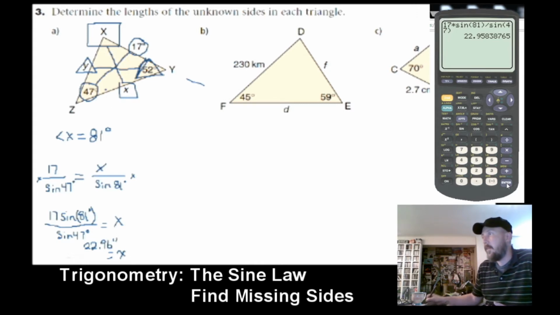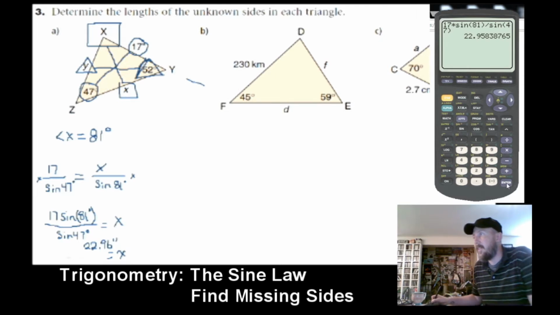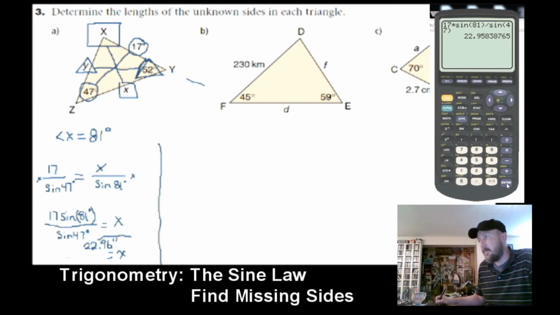So if we look here, this side here is 17 inches and the angle is 47 degrees. Because this is 81, I know it should be bigger than 17. So this one's 22. That's bigger than 17. So I'm going to guess that what we've done here is correct. Okay? Now we still need to figure out y. So we found x.